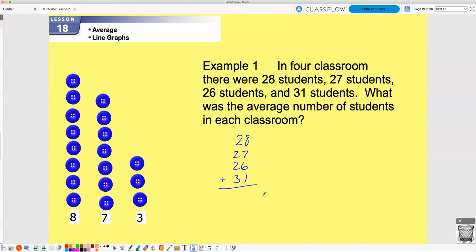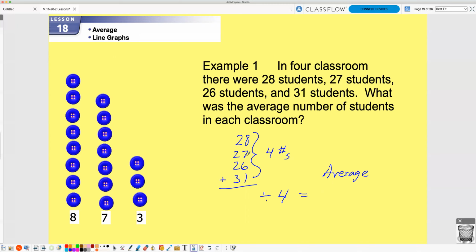Once I get that sum, I need to divide it by the number of numbers. I can see that there are 4 numbers here. So I'm going to divide this by 4, and I'm going to end up with my answer, which will be the average.